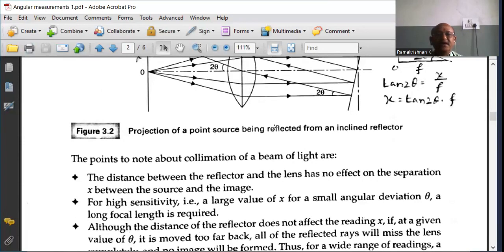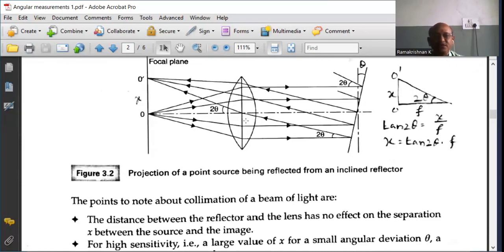Although the distance between the lens and the reflector has no effect on calculating the x value, if the reflector is too far away from the lens, the light rays may miss the collimating lens. There is a chance of that.